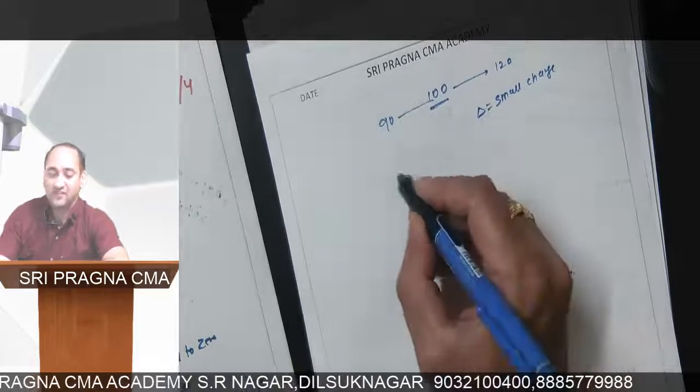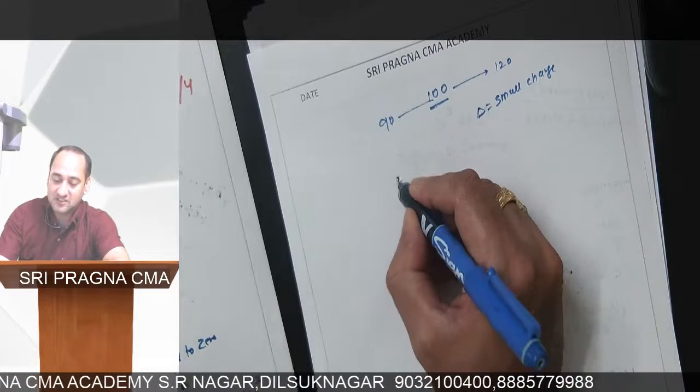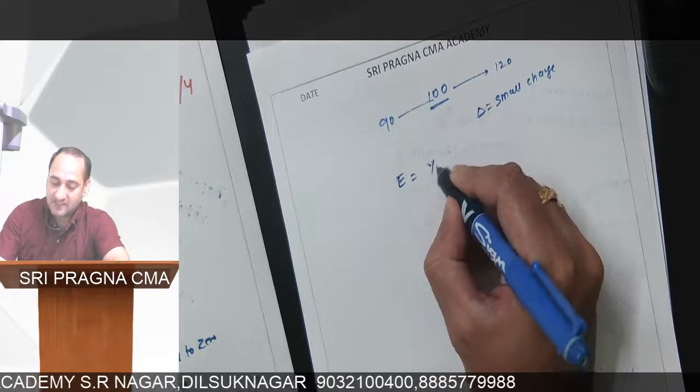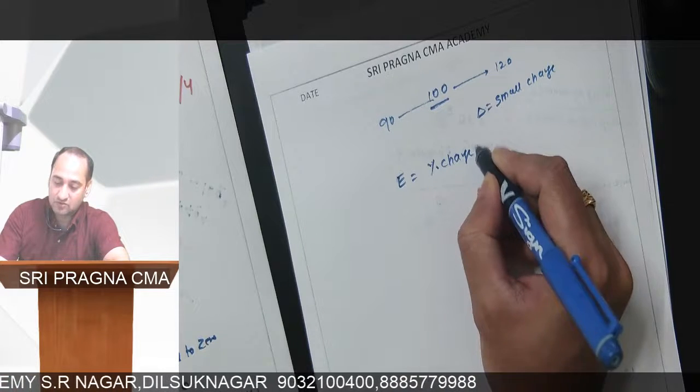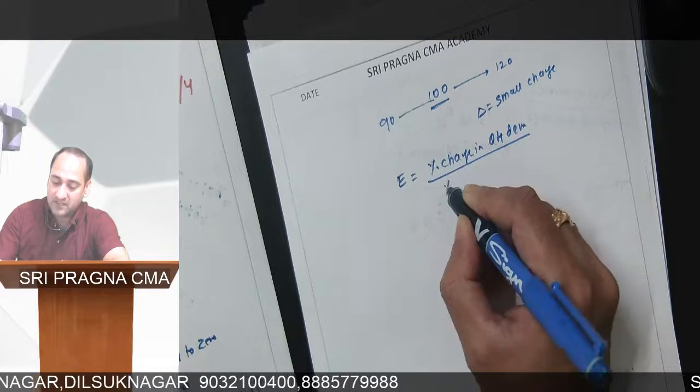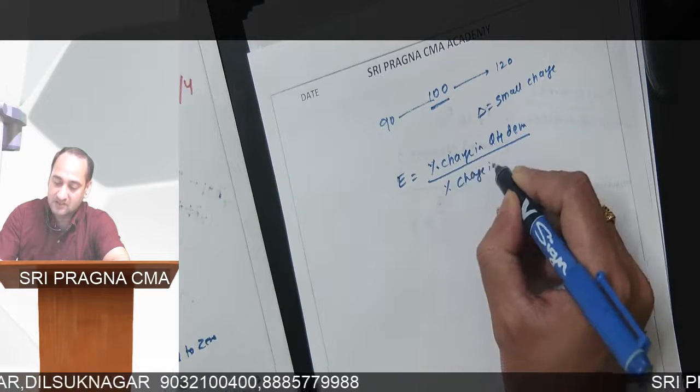So we write the definition as E, elasticity of demand, is equal to the percentage change in the quantity demanded divided by the percentage change in the price.